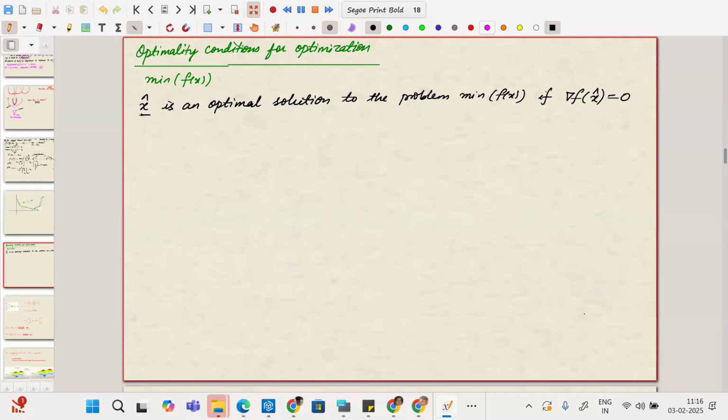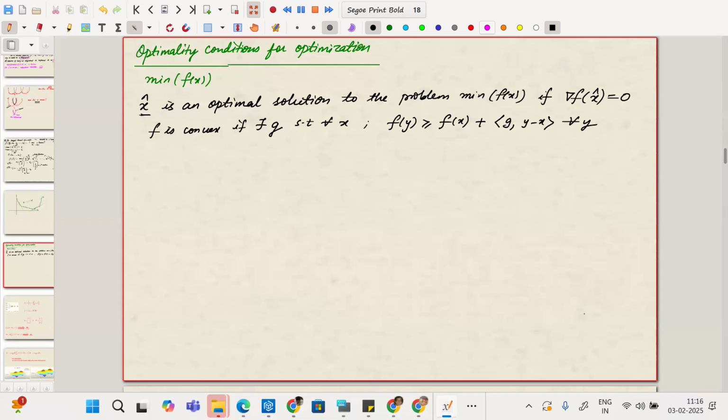Note that before the break we argued that if the function is not differentiable, there was a definition to say whether a function is convex or not. We said f is a convex function if there exists a function g such that for all x, f of y is greater than or equal to f of x plus the dot product of g and y minus x, for all y.